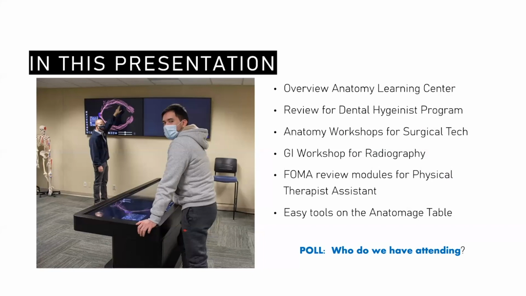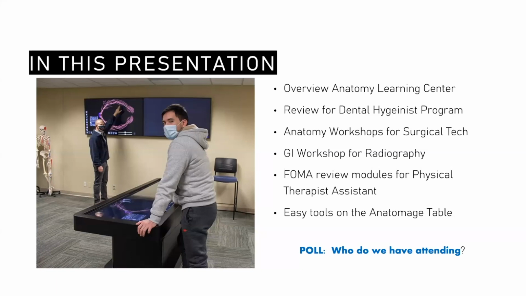Then I'm going to go through a couple of examples of resources that we've created, with the use of the Anatomage table, for some very specific health occupation programs. We'll go over a review that we've created for the dental hygienist program, and how we conduct anatomy workshops for our surgical tech program.